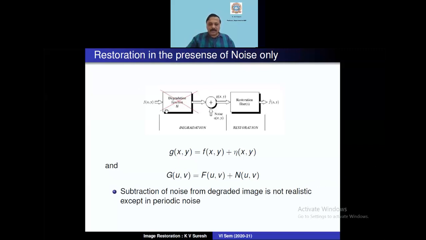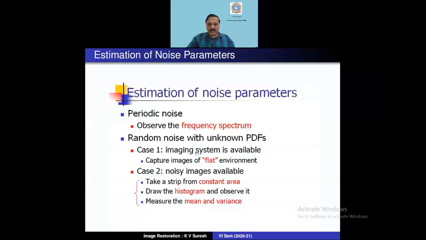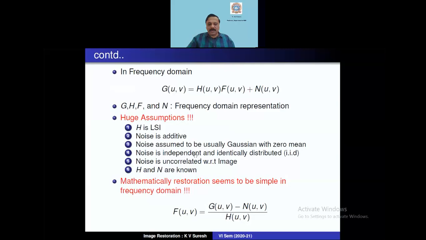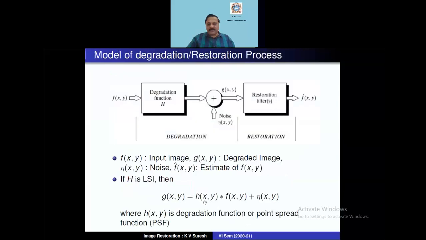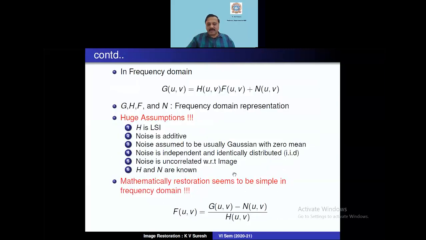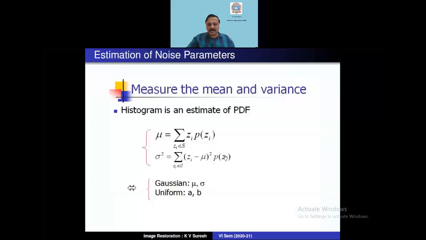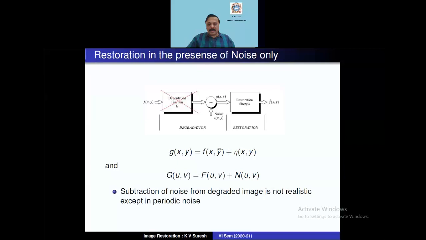Yes. So if this is a delta function or an impulse, then convolution of f with an impulse is f itself. That is why, remember when we wrote the model, g is h convolved with f plus eta. But now by assuming that there is only noise, no blur, it is only f plus eta because h is a delta function.